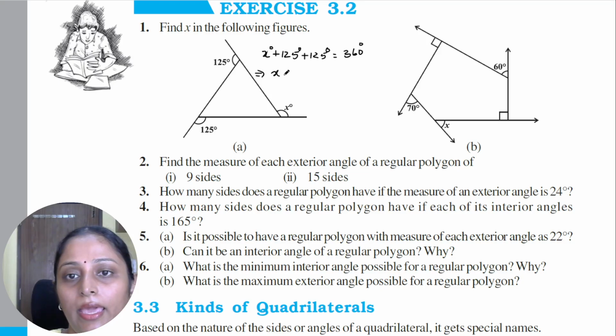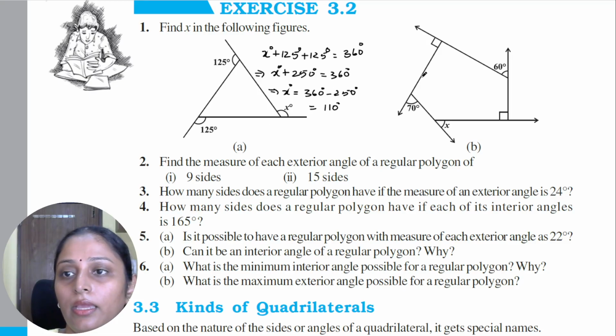Implies x plus 250 is equal to 360 degrees, implies x is equal to 360 minus 250, which is nothing but 110 degrees. That is the A bit.